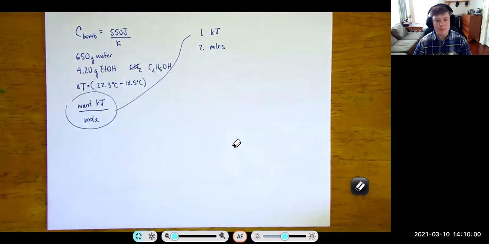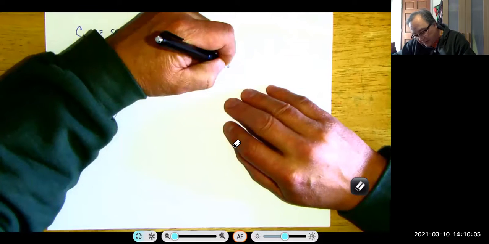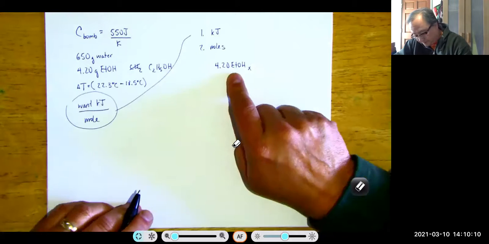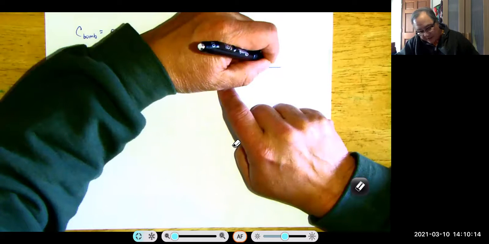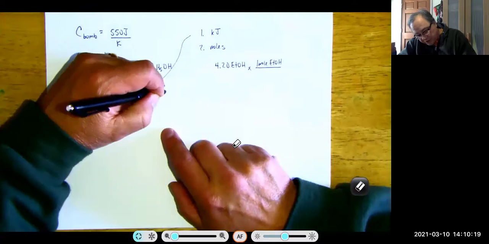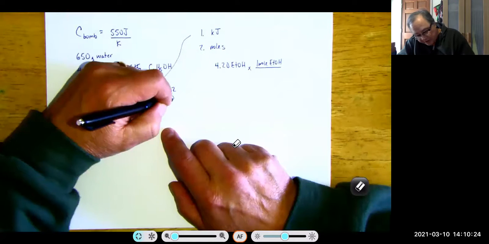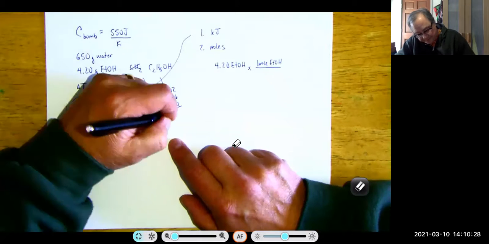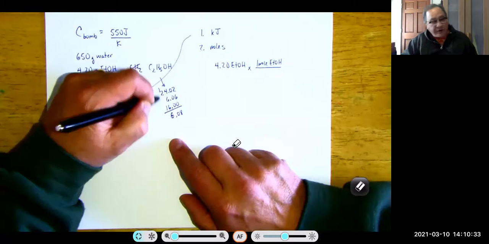So let's do it. We have 4.2 grams of ethanol. That is a common abbreviation for ethanol. If we look at the molar mass of ethanol, 2 carbons is 24.02, 6 hydrogens is 6.06, 1 oxygen is 16. So 46.08.